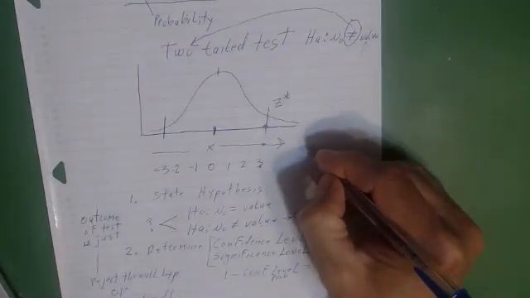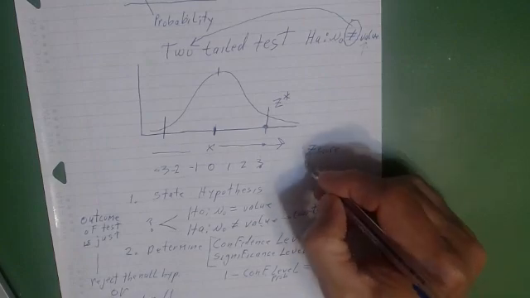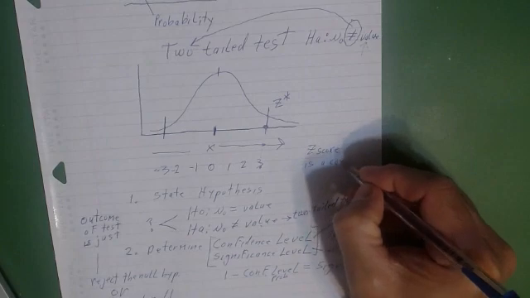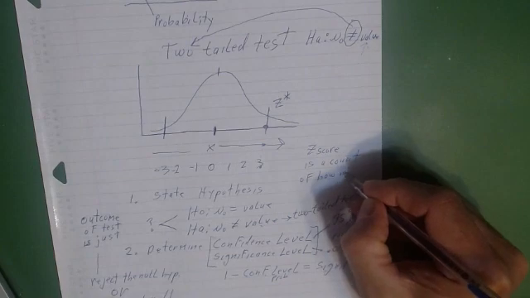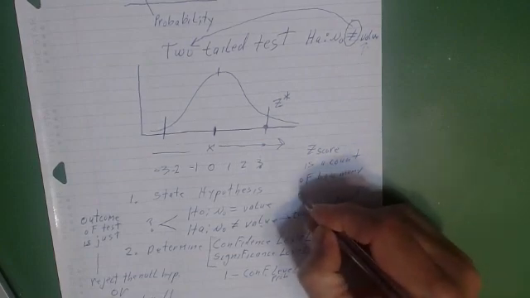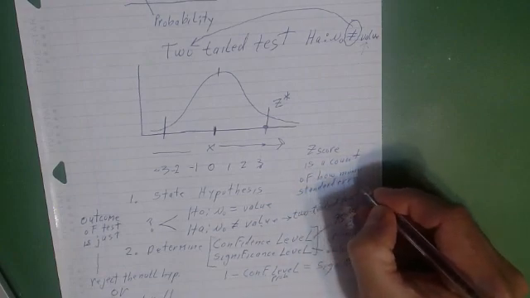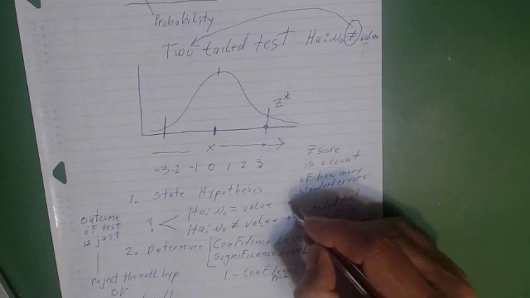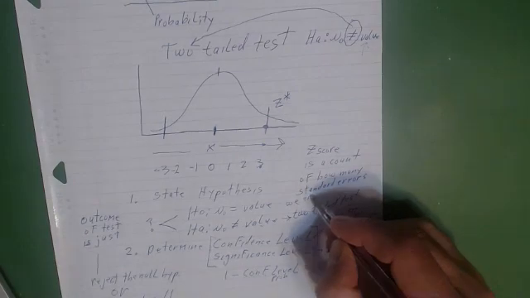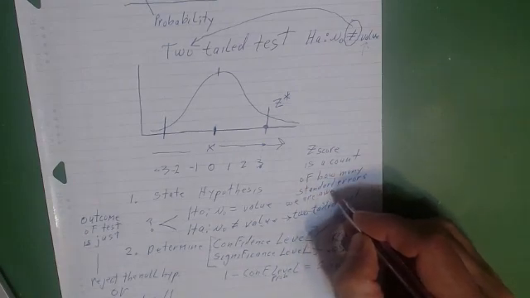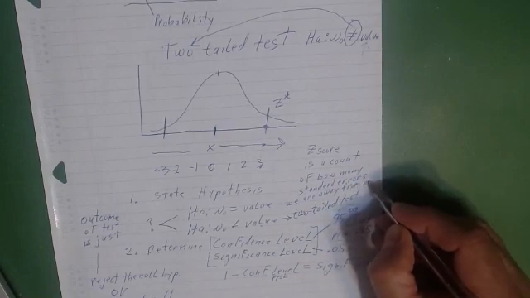I put Z score. You've heard that word score. Sometimes they just write Z. It is a count of how many standard errors we are away from the mean, okay?